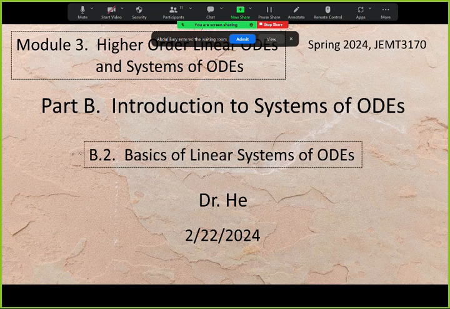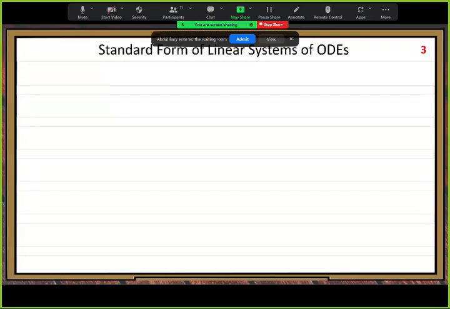Next, B.2, basics of linear systems of ODEs. Standard form of linear systems of ODEs. Let's look at the standard form, from an algebraic linear system to a differential linear system.